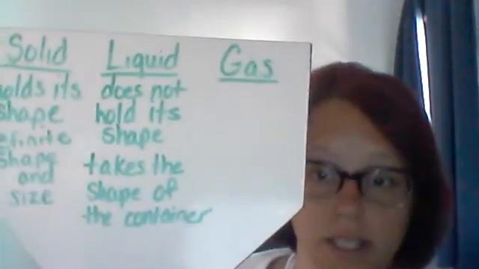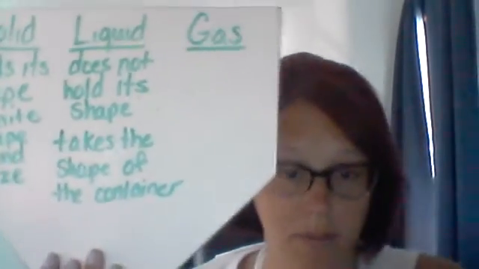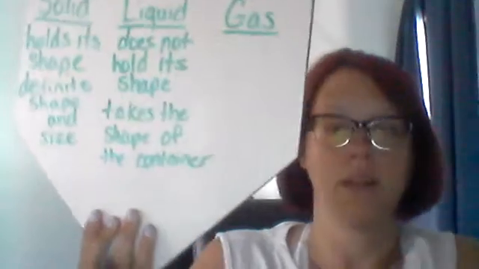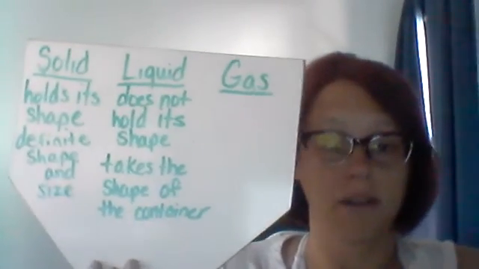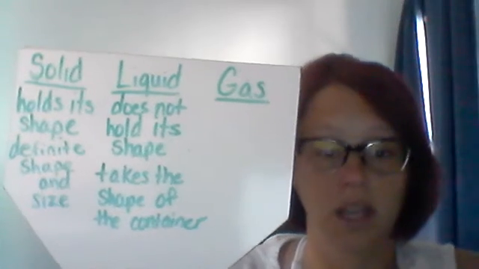It takes the shape of the container. So, a liquid does not hold its shape. Remember, when you spill it, it goes all over the place. Then, it also takes the shape of the container. So think about it being in a bottle.